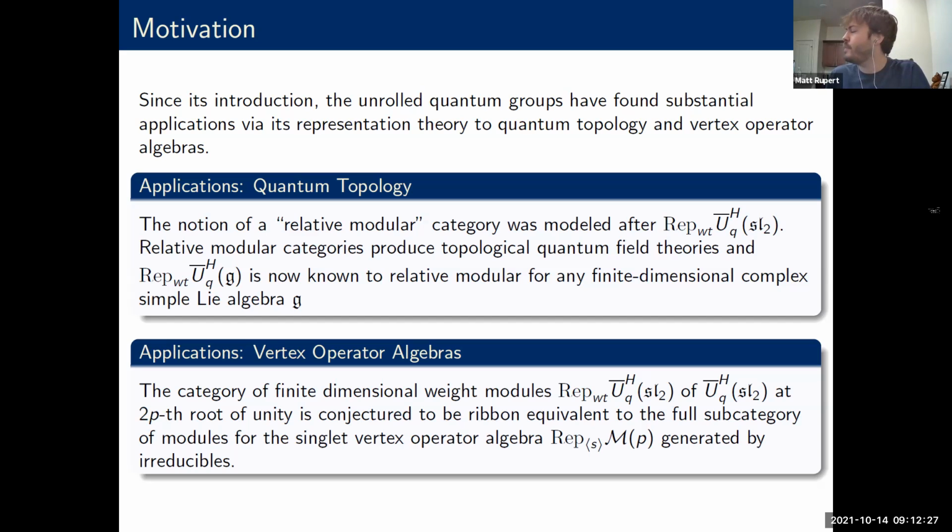If we consider finite length modules over the singlet, then one might guess that it would be equivalent to the category of generalized weight modules for this quantum group. So instead of having the H terms act semi-simply, modules decompose into generalized weight spaces.